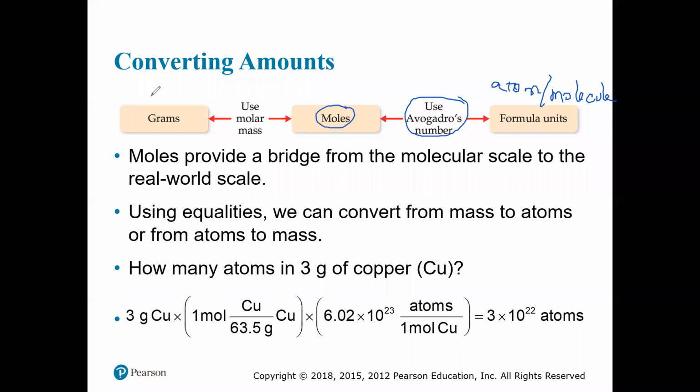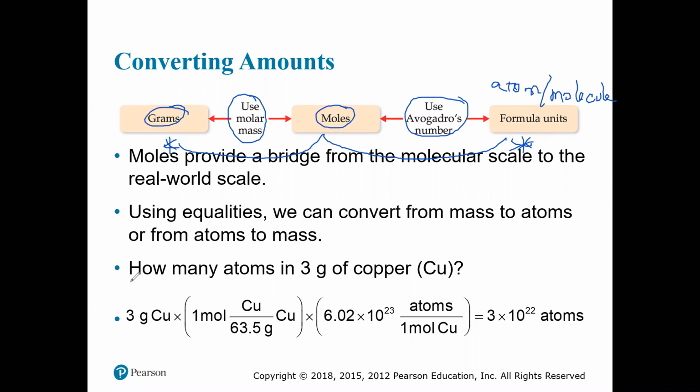If I want to go from moles into grams, or grams to moles, I use the molar mass to convert between those two. There is no fast way to go from grams directly into molecules. You're always going to have to take a two-step leapfrog process. You'll have to hop into moles, and then from there you'll hop into formula units.